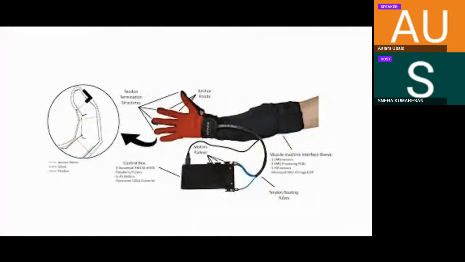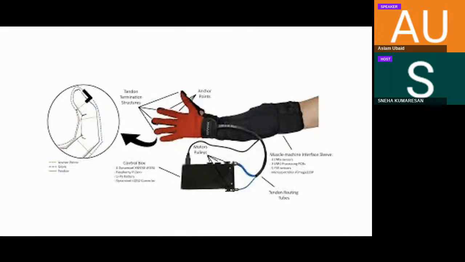Let me talk about the whole technology that we use to harvest the muscle movements and EMG signals. Well, you can see here there is a glove that we wear on our arms. When we move our fingers or even any of our joints in our arms, there are flex sensors placed on each joint.